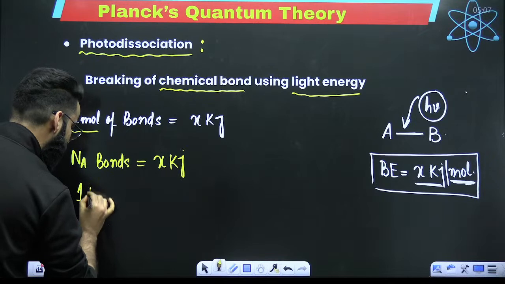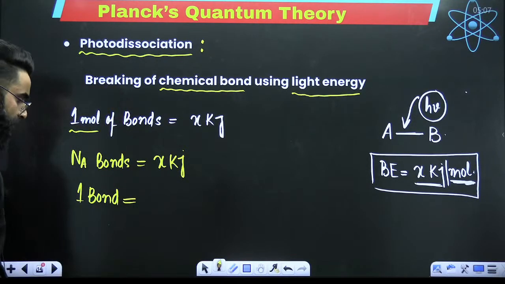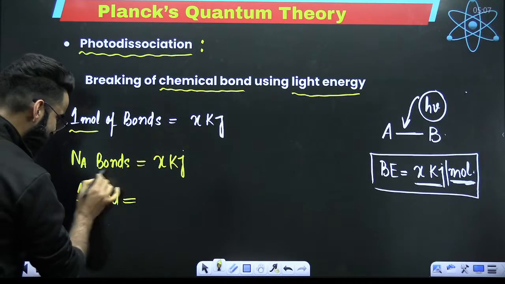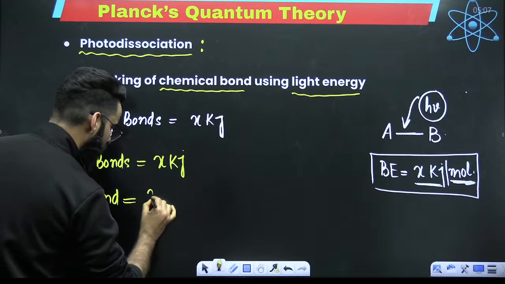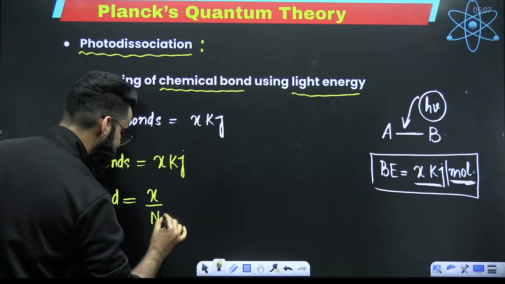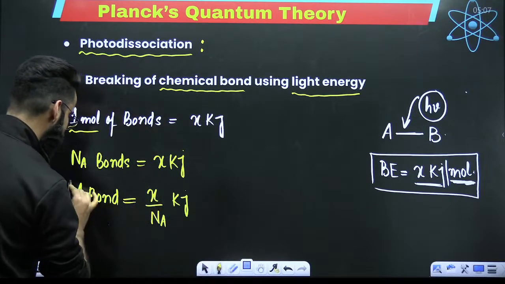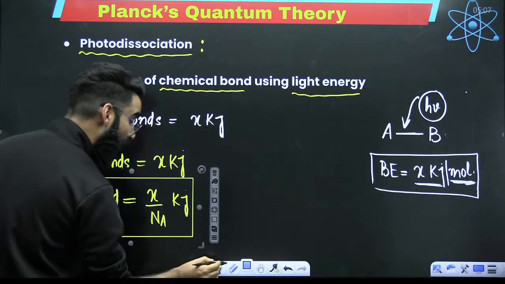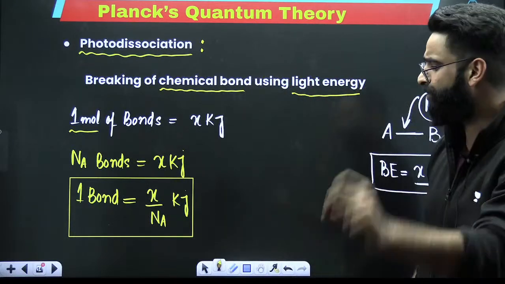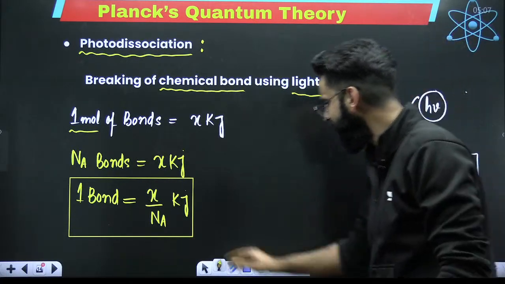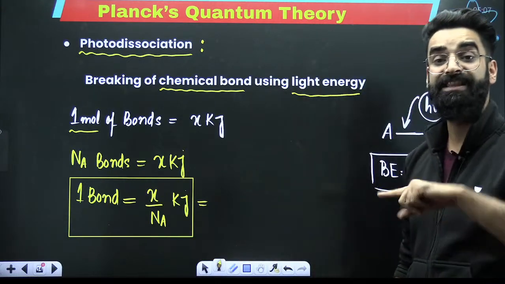So what if one bond is to be broken down? In order to break one bond, how much energy is required? X divided by Na kilojoules. So this much amount of energy is required to break one particular bond. And my dear students, imagine that this much amount of energy I'm supplying in the form of light radiation.